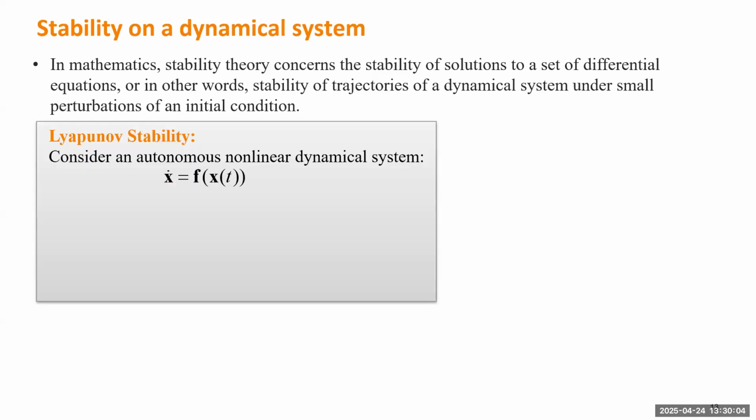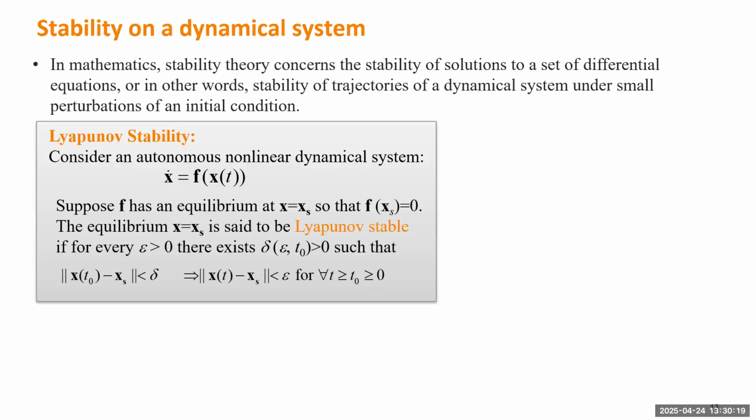The mathematical definition of stability, such as the Lyapunov stability, is defined as follows. If you consider an autonomous nonlinear dynamic system, and the vector field, the nonlinear function f, has an equilibrium at xs, which means if you plug in xs, f is 0.